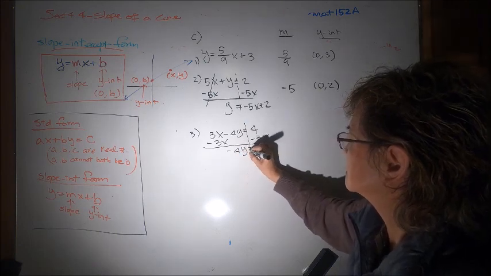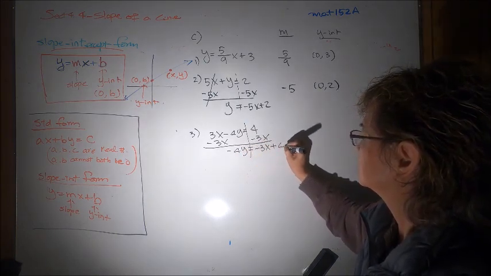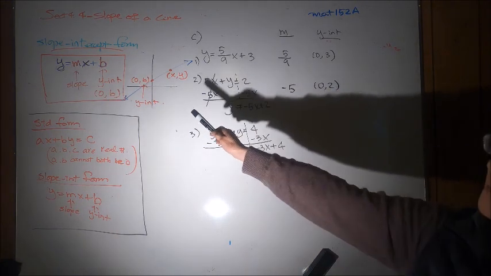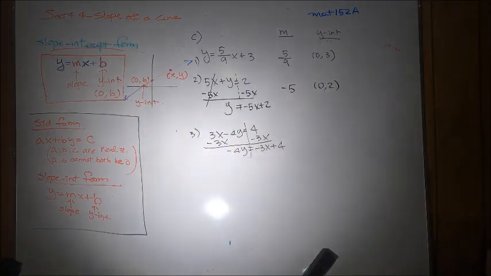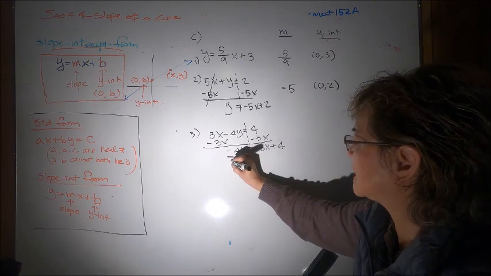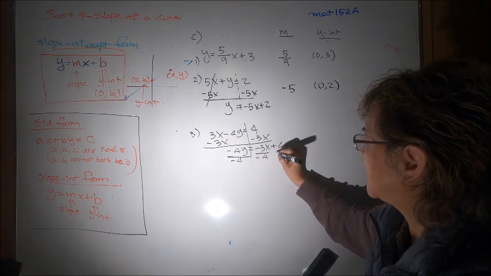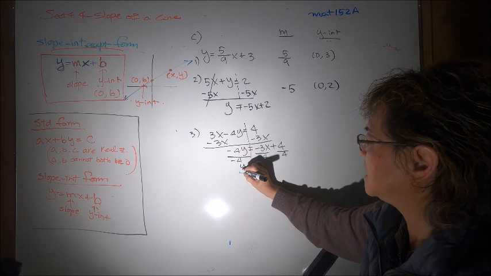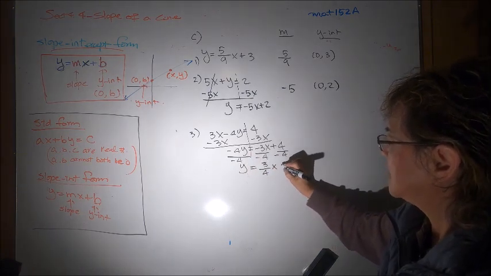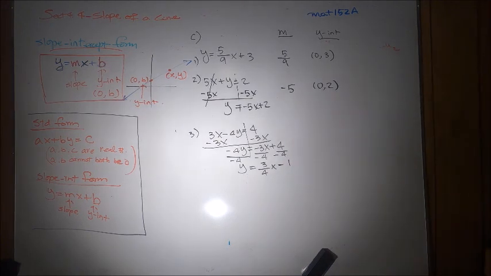So we have this. Is this a slope-intercept form? Not quite, because for a slope-intercept form, you have to get y by itself. You still have -4 there. So you have to do the opposite by dividing. So what do we have? Y equals 3/4 x minus 1, right?